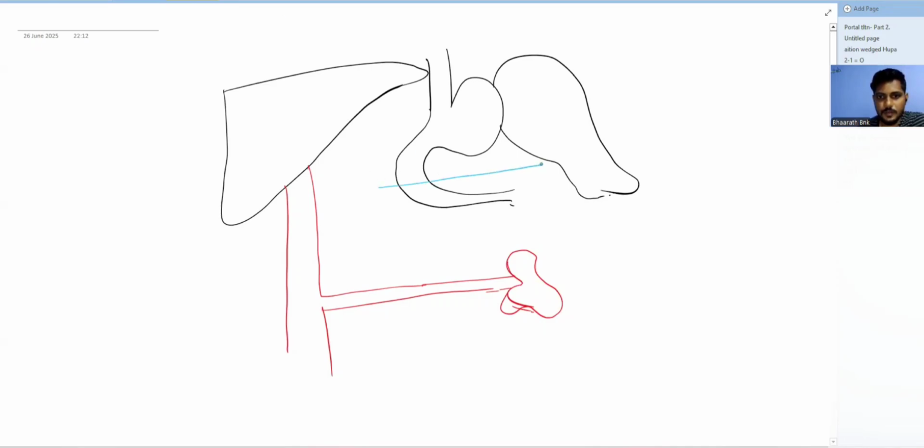So here is the splenic vein from the spleen. The short gastric veins drain into the splenic vein. The left gastroepiploic vein drains into the splenic vein. Pancreatic veins drain into the splenic vein. The inferior mesenteric vein drains into the splenic vein. And then there is the superior mesenteric vein, and this forms the portal vein.